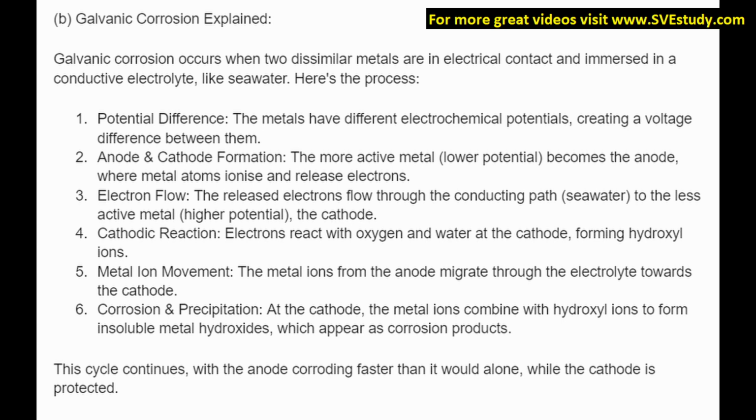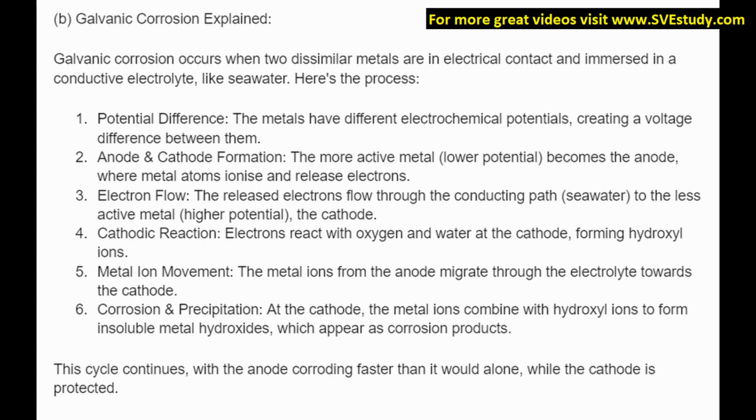cathode. 4. Cathodic reaction. Electrons react with oxygen and water at the cathode, forming hydroxyl ions. 5. Metal ion movement. The metal ions from the anode migrate through the electrolyte towards the cathode. 6. Corrosion and precipitation.